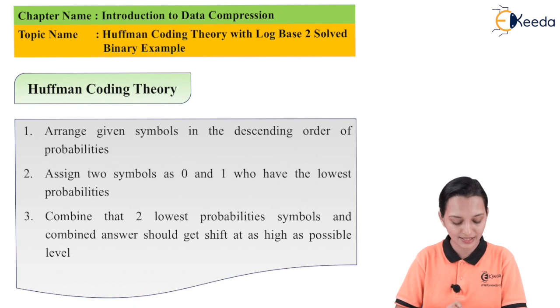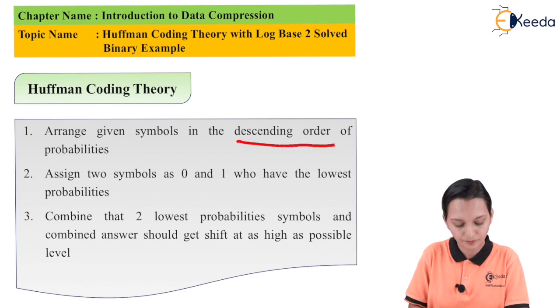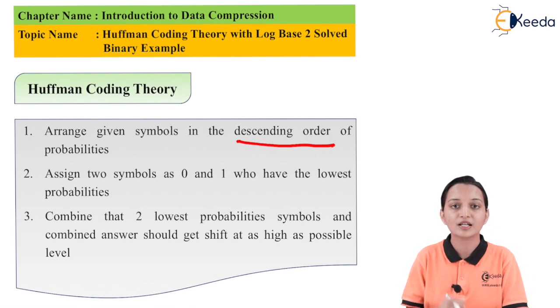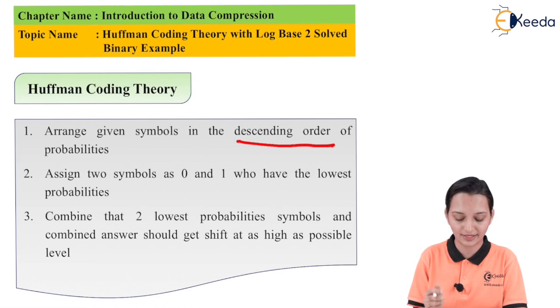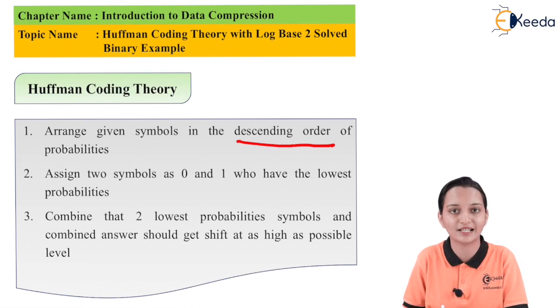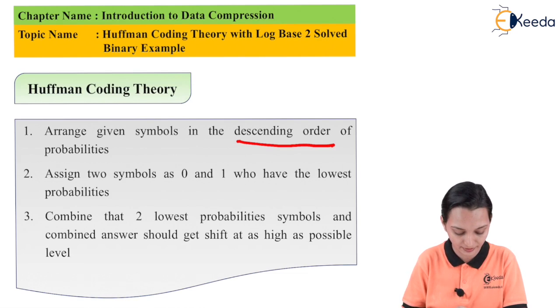The first one is arrange the given symbols in a descending order of the probabilities. Symbols and probabilities are given to us in an example, and we first require to arrange the symbols with respect to their probabilities but in a descending order. This is the first step of the Huffman coding algorithm.